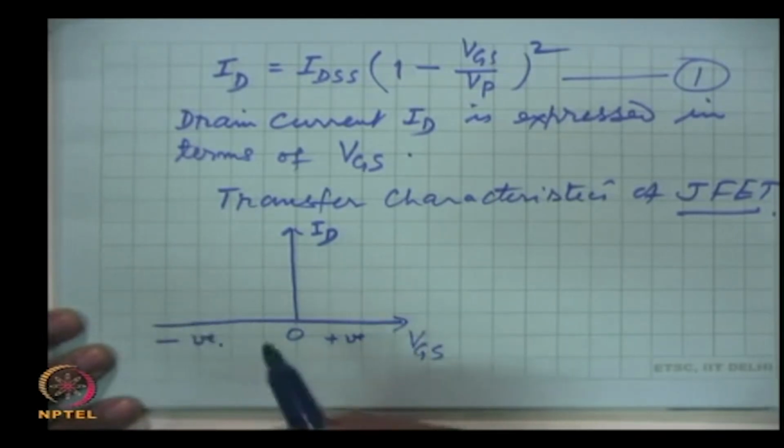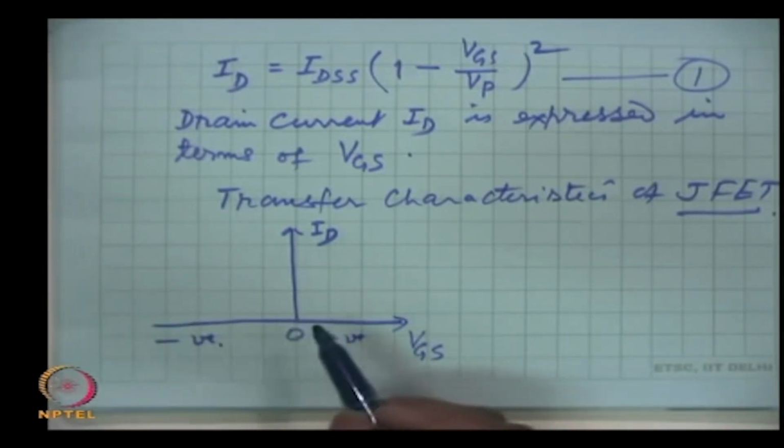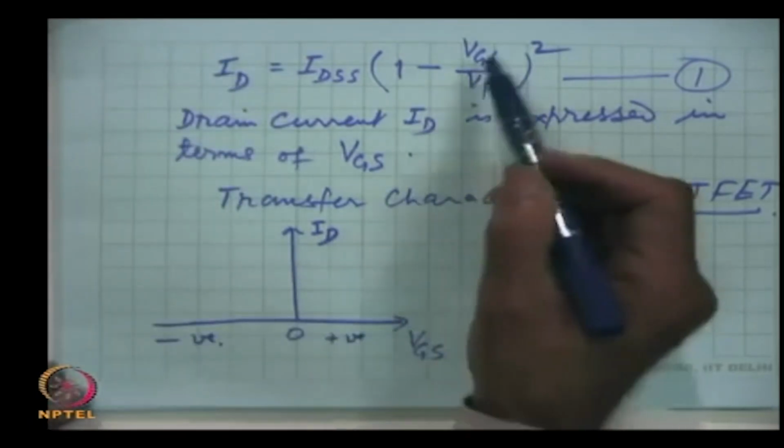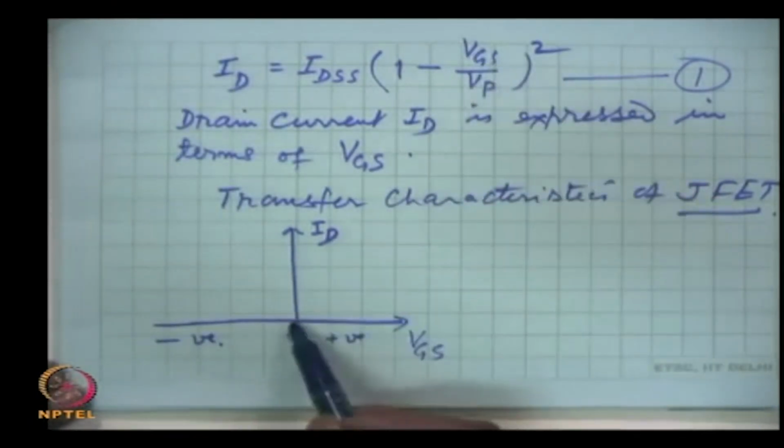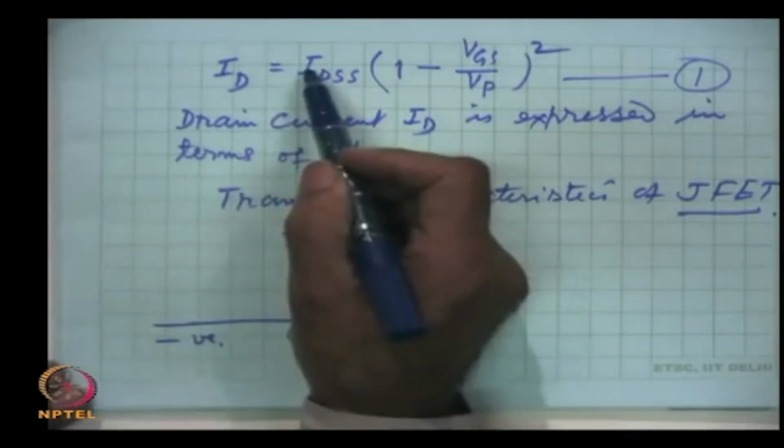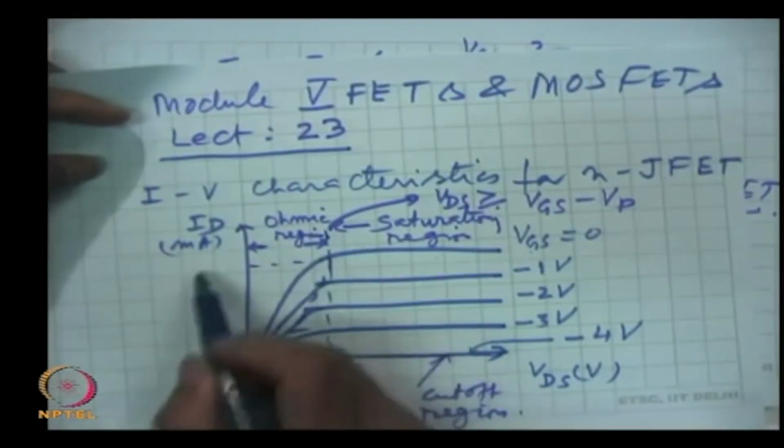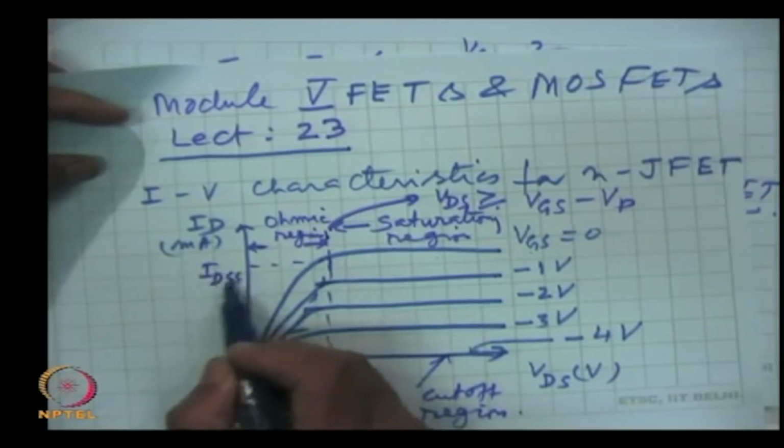In this expression when VGS is 0, here is the maximum current ID, this is IDSS.